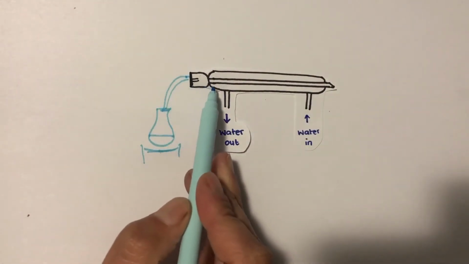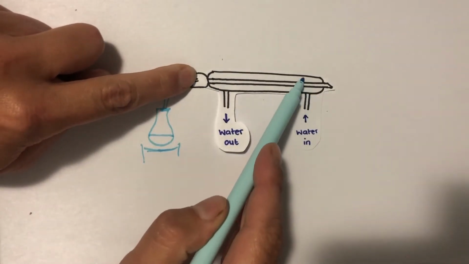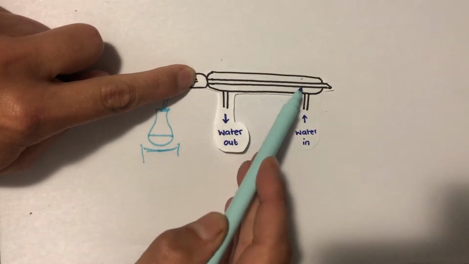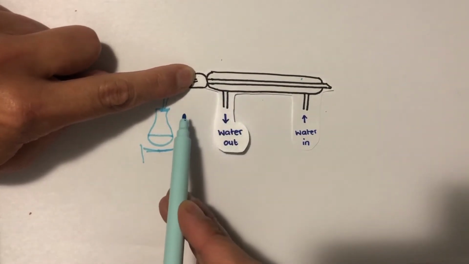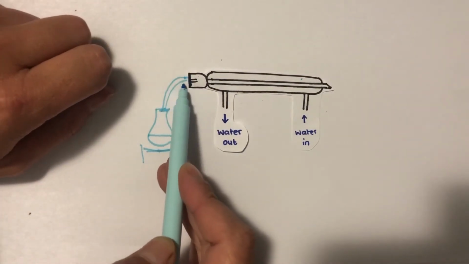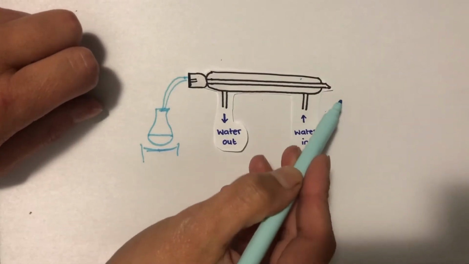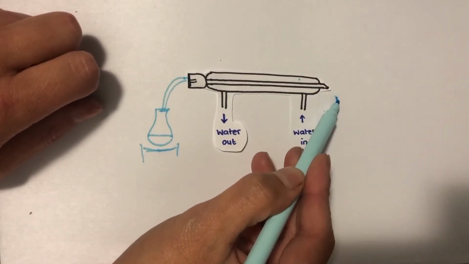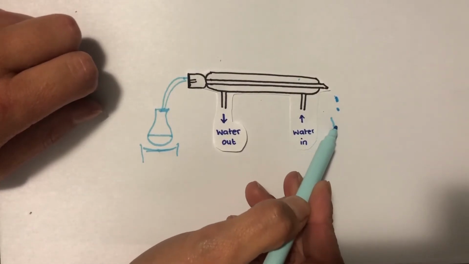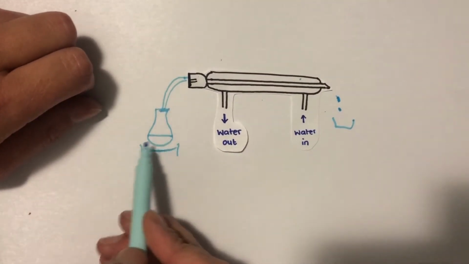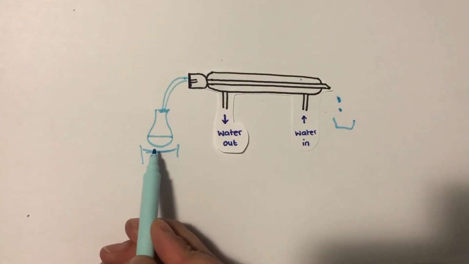And when it gets into this little tube in the middle, we put cold water through on the outside. So the cold water gets circulating around to cool the inner tube. And what happens is the gas that moves through the tube condenses, and at the end becomes little droplets. Then we have a liquid at the end that we can collect, and that's how we separate two different liquids with two different boiling points.